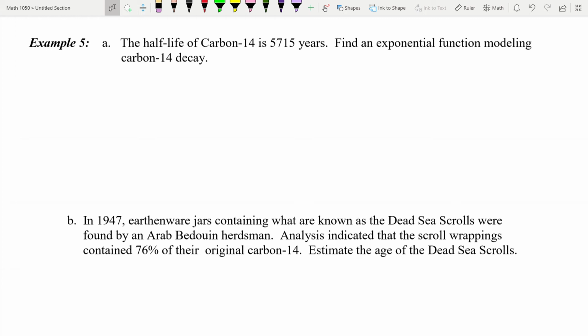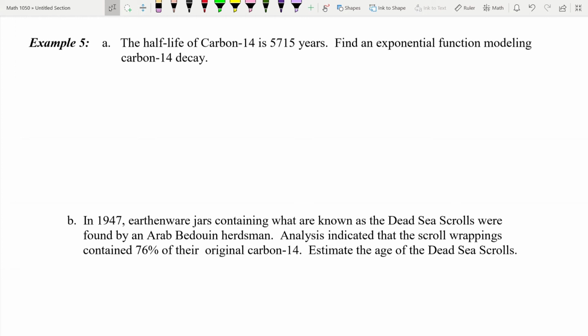After 5,715 years, your 100 grams goes down to 50 grams. Then after another 5,715 years, your 50 goes to 25. The next 5,715 years, it goes to 12.5, and then 6.25. So it cuts in half, in half, in half every 5,715 years. Who says gotcha? Raise your hand.